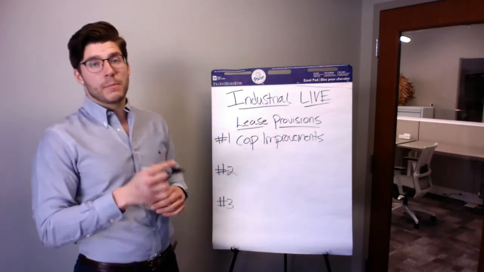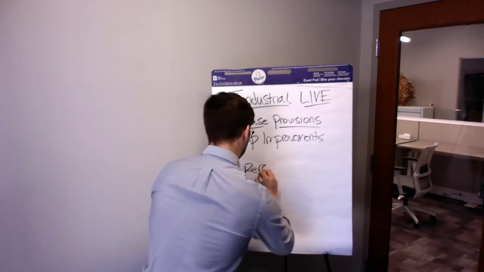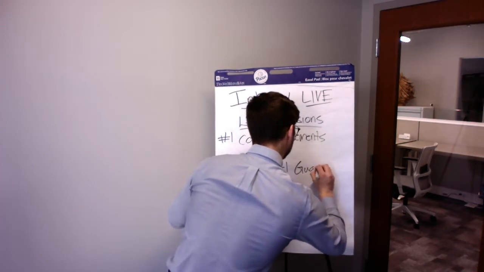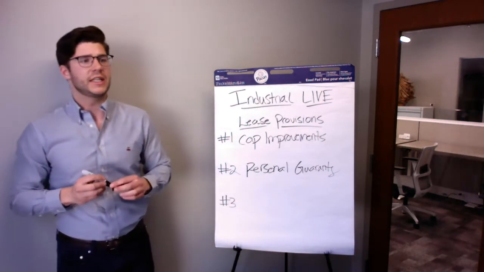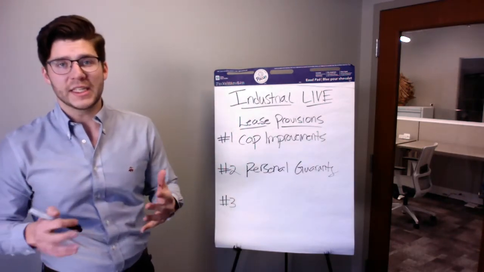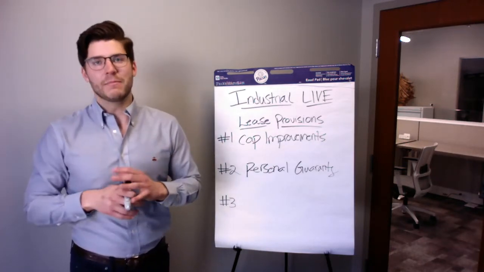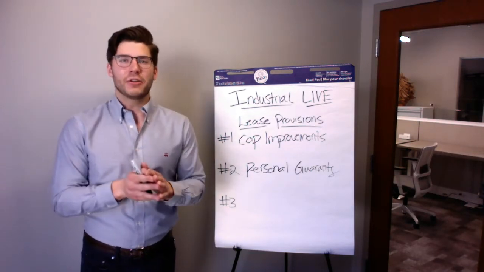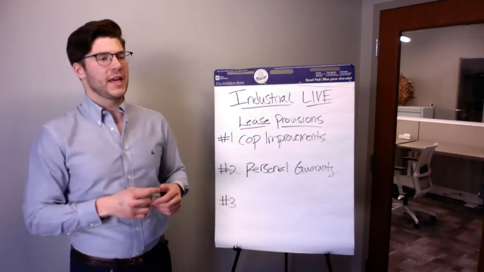What I'm talking about is a personal guarantee. Now, especially as we could be approaching the end of a market cycle here, this is going to become even more important, because you don't want your tenants declaring bankruptcy and then just getting out of paying rent, okay?